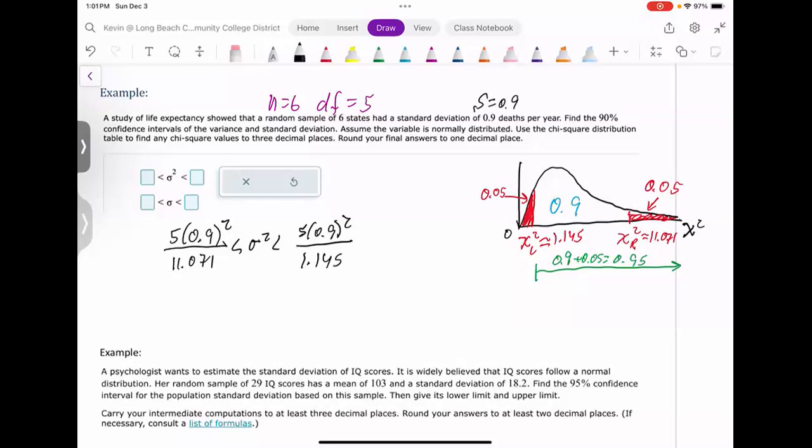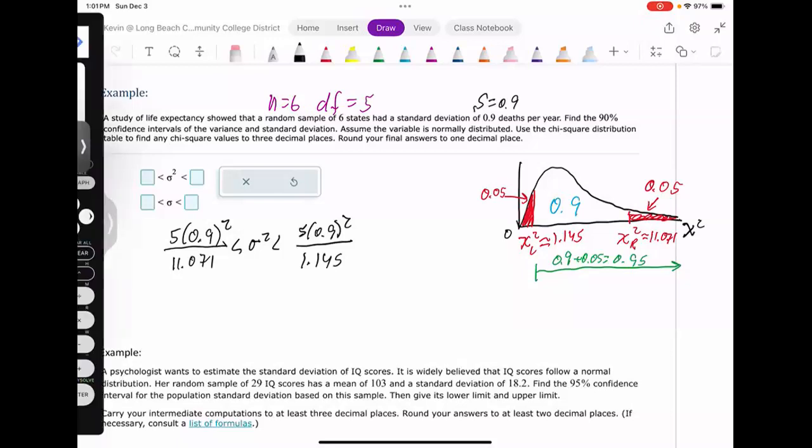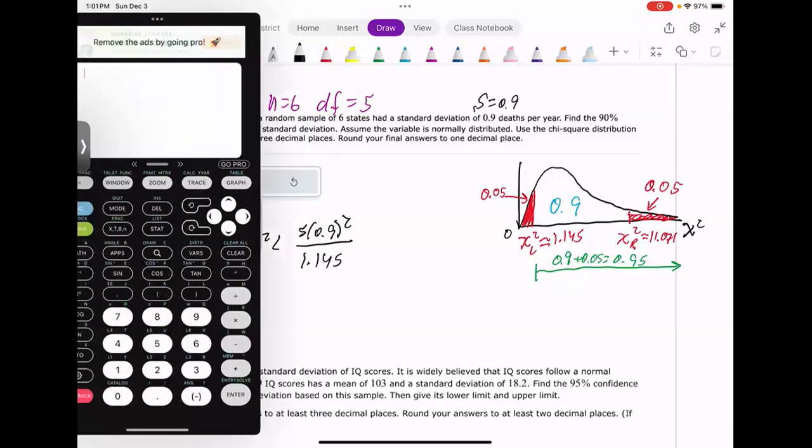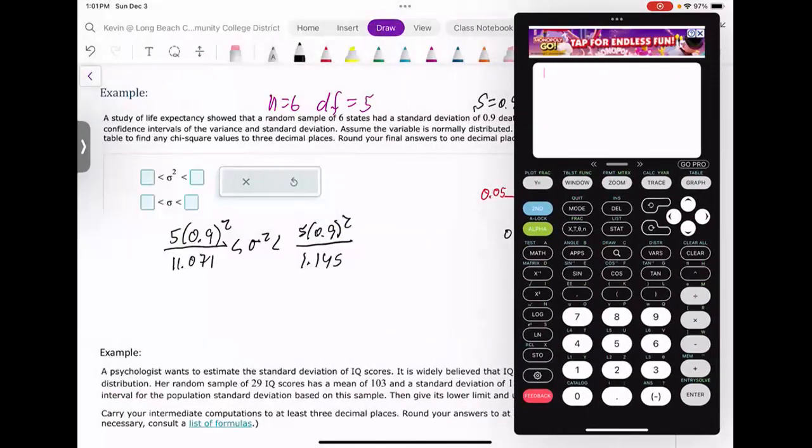I know it looks like it's backwards, but it really isn't. So let's see what we get here. So 5 times 0.9 squared divided by 11.071. And they want us to round it off to the nearest decimal. So I'm going to go to 1 decimal point. That'll be 0.4.